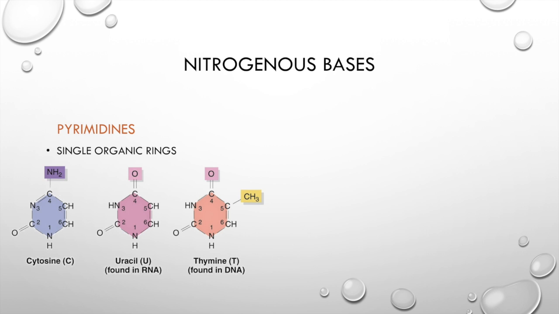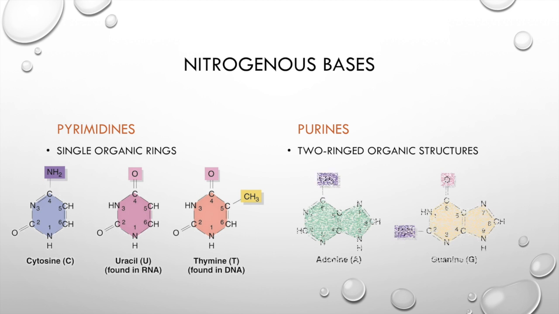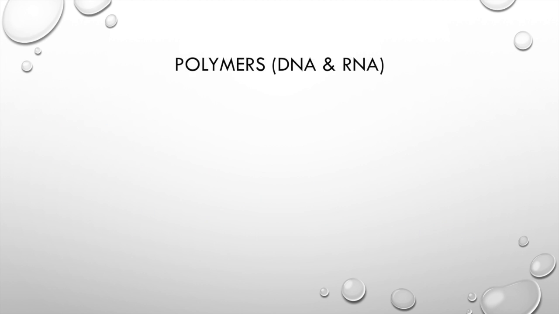So like I was saying, the nitrogenous bases as well as the 5-carbon sugar really determine whether it's an RNA nucleotide or a DNA nucleotide. The second type of nitrogenous base is the purines, and these are double-ringed or 2-ringed organic structures. So these are adenine and guanine, right? And both of these are found in RNA and DNA.